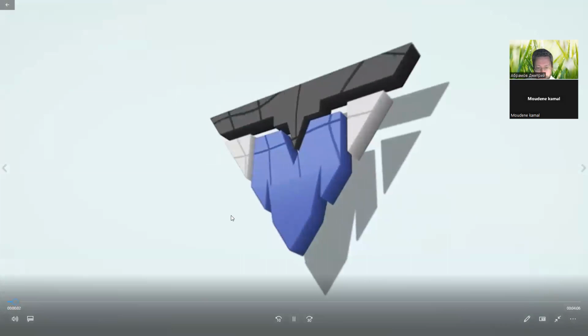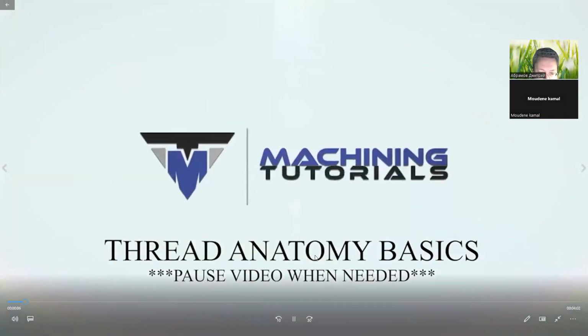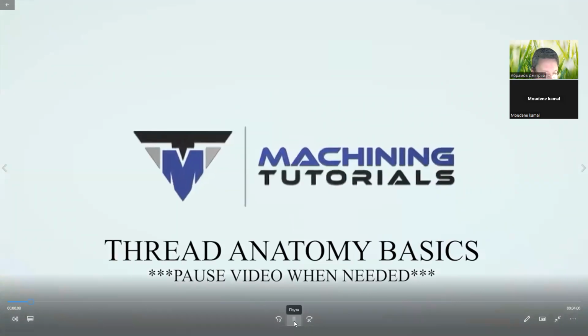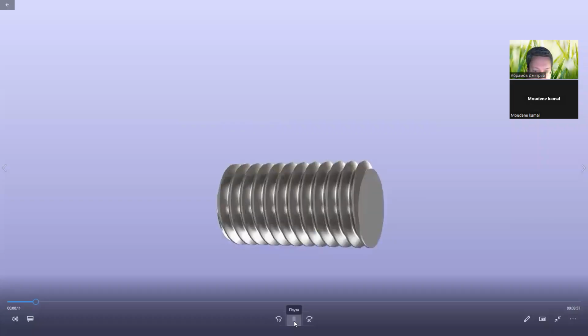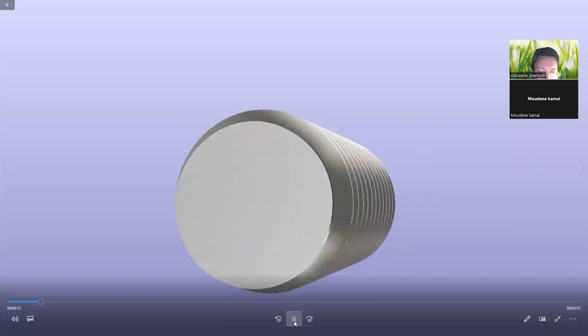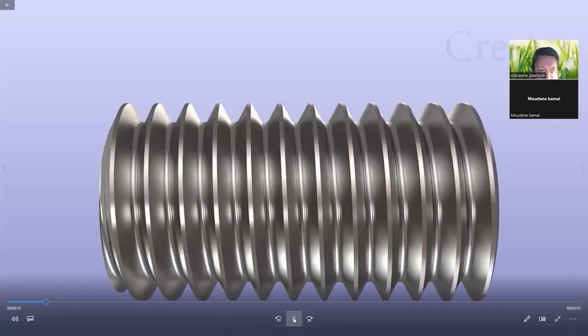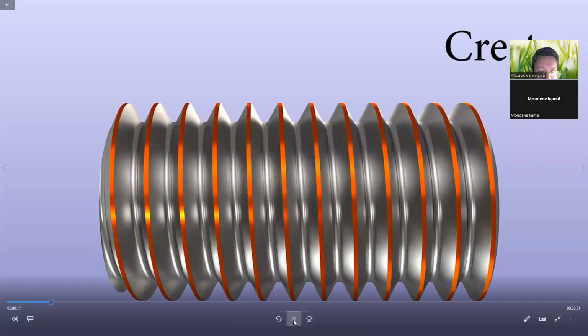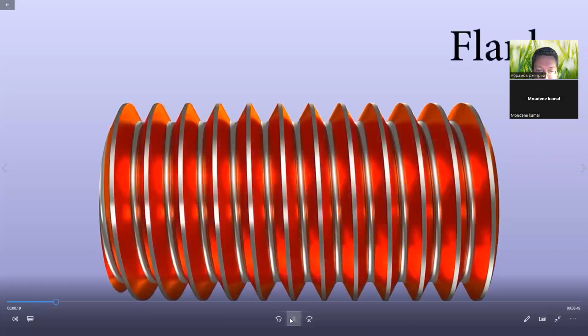It's thread anatomy. What types of thread we can use, we can see.